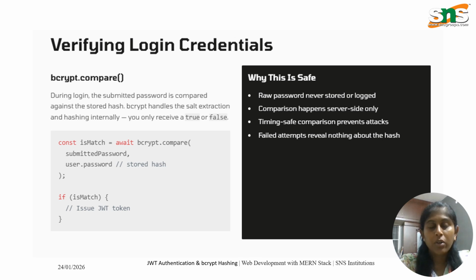If the account does not exist, login fails. Next, bcrypt.compare compares the entered password with the stored hashed password. If the password matches, authentication succeeds. Otherwise, access is denied. The important point is that bcrypt compares encrypted values instead of revealing the original password. This makes the login system much safer. After every successful verification, the server generates a JWT token for the authenticated user.